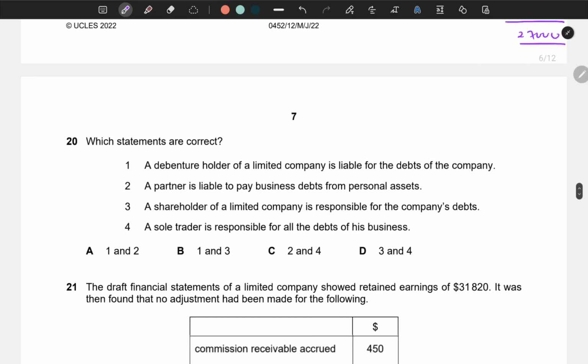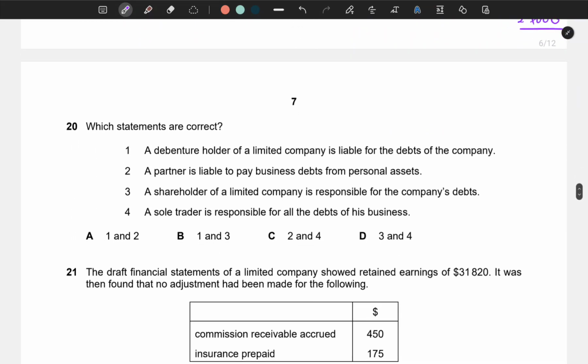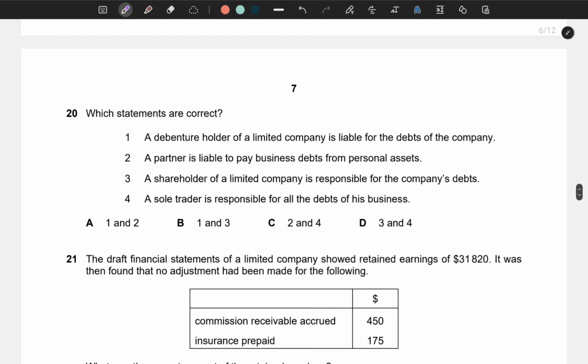Next one, 20. Which statements are correct? Debenture holder of a limited company is liable for the debts of the company? No, obviously not, because debenture is a non-current liability, so it will not be liable for the company's debt.